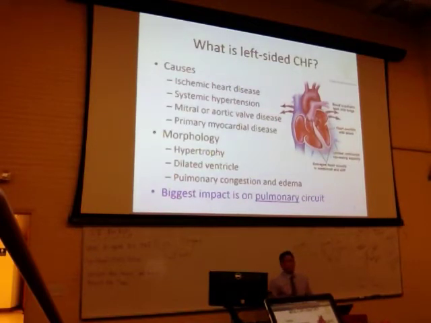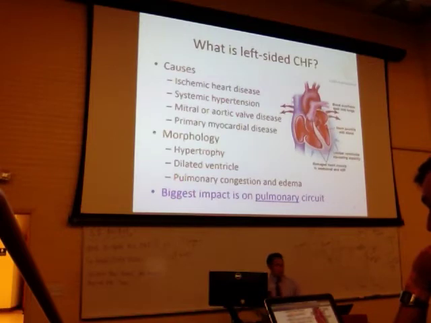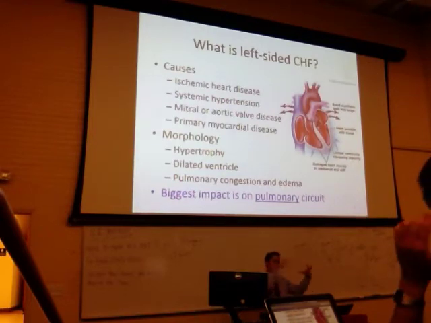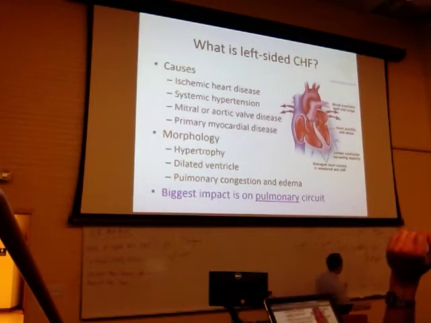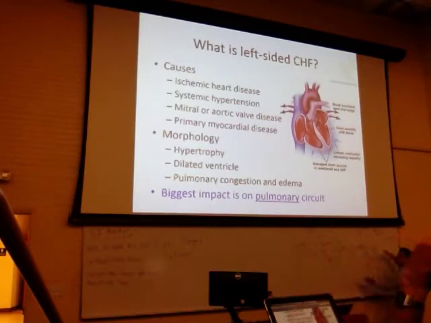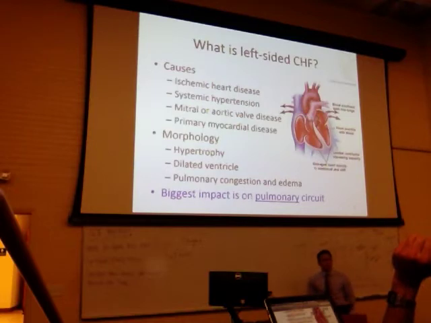So what's the morphology? What do we see? Classically, in left-sided heart failure, we see an enlarged, hypertrophic heart. We see a dilated ventricle. It enlarges itself; the chamber blows out. We see pulmonary congestion and edema.